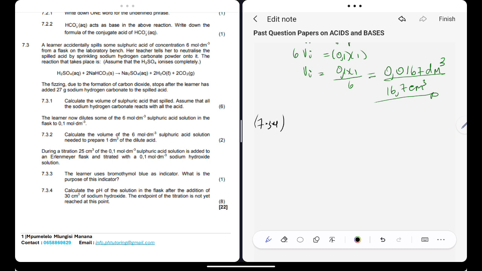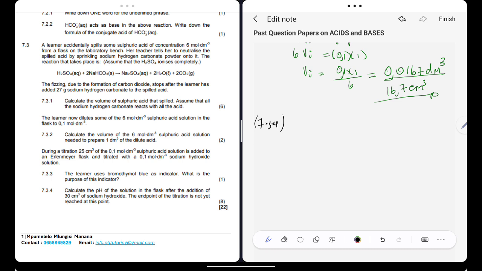Then 7.3.4, we are told to calculate the pH of the solution in the flask after the addition of 30 cubic centimeters of sodium hydroxide. The end point of the titration is not yet reached at this point.